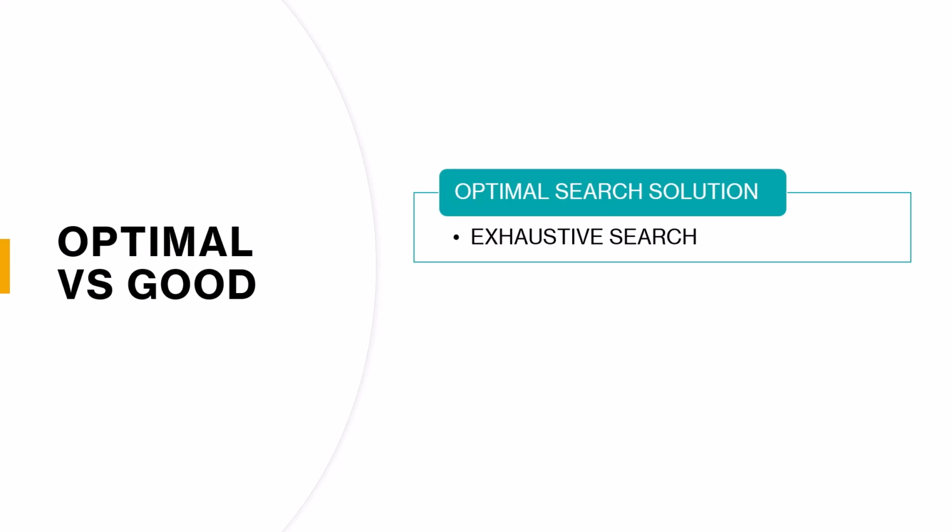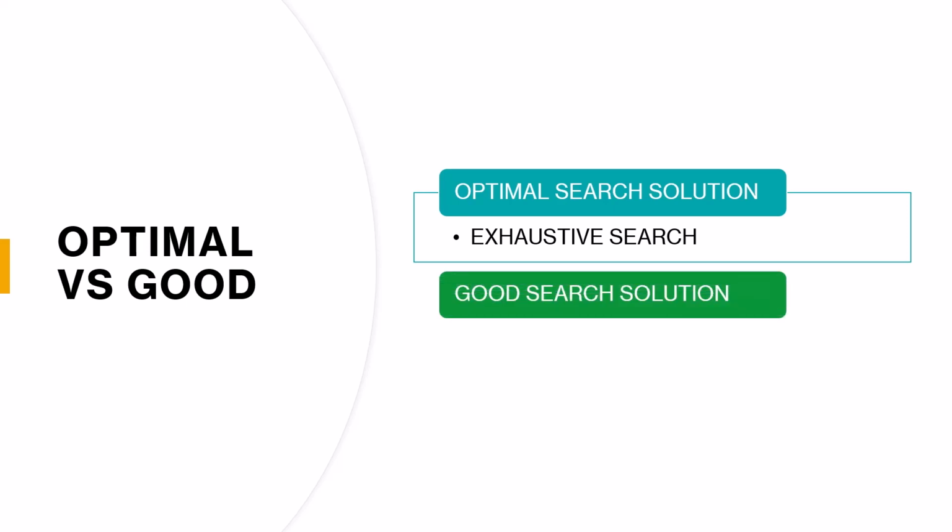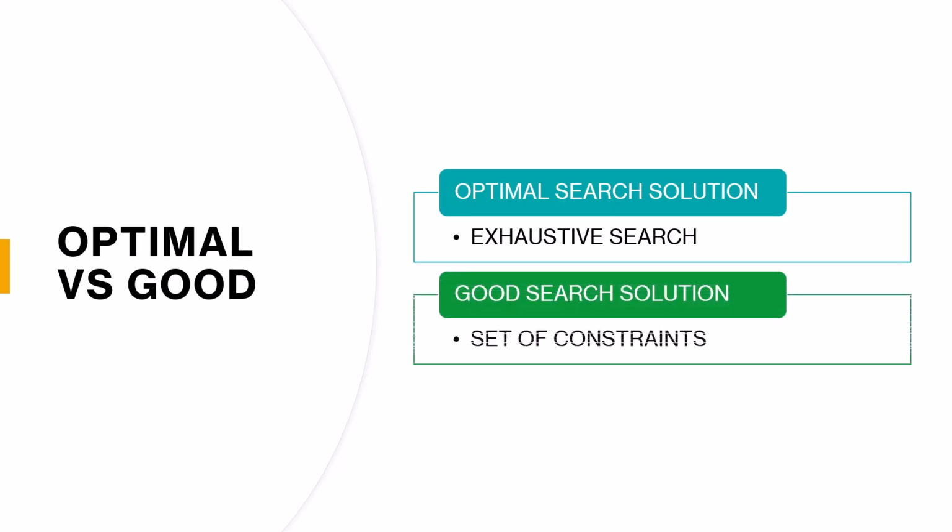And so we would go with the good search solution. A good search solution is one that works well within a set of constraints. And the idea of the good search solution is once we found that solution, we're not going to go looking for the optimal search solution, right? Because we found a solution that works well given the constraints that we have to work with.